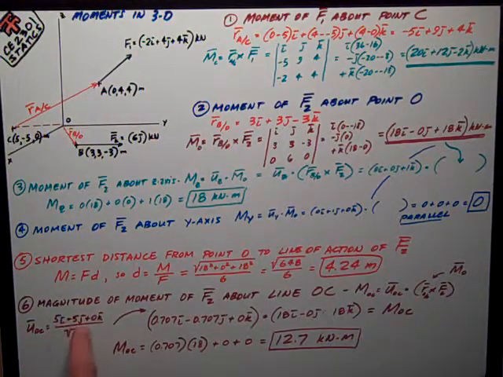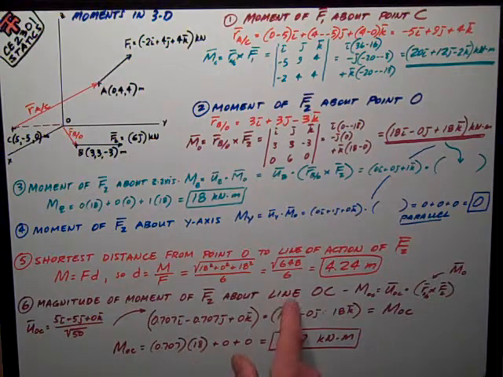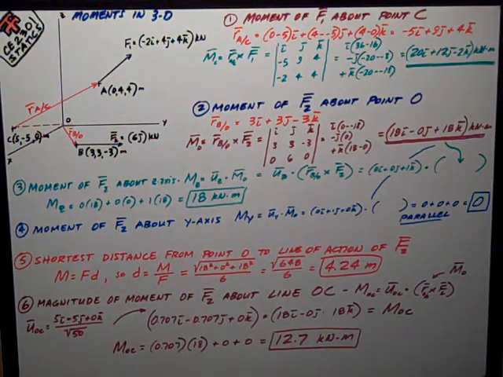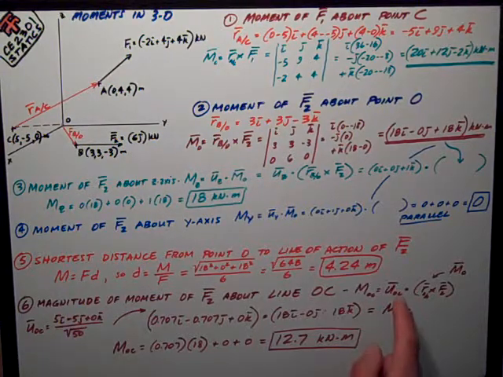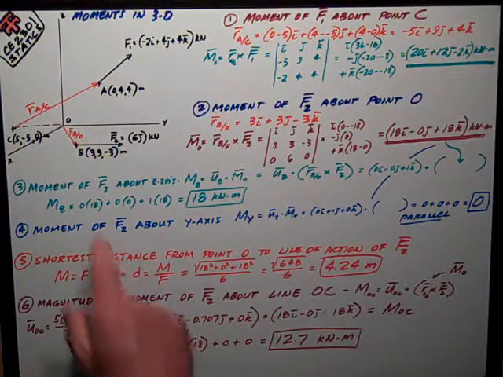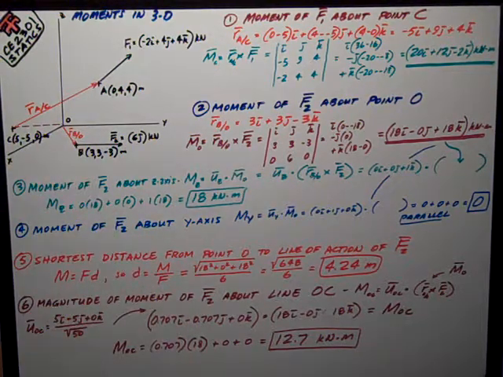Last but not least, the magnitude of the moment of F2 about line OC. I go over to my equation sheet, moment of force about an axis. Well, OC is an axis, it's a line. So I just need a unit vector in the direction of OC. And I can get that by, it doesn't matter which one I start from or go to.